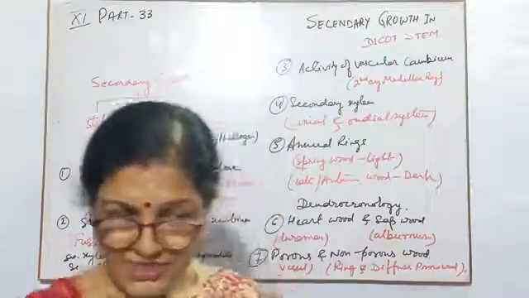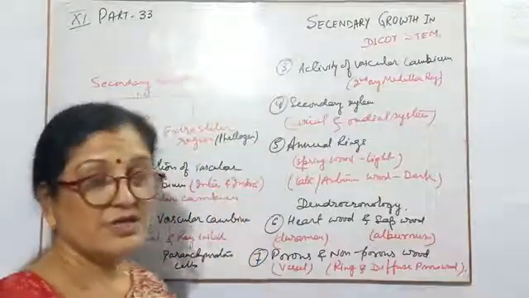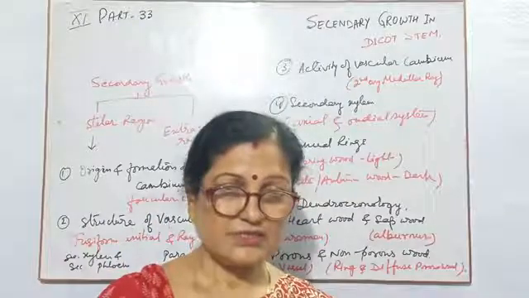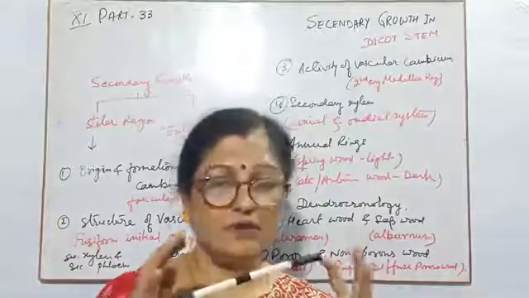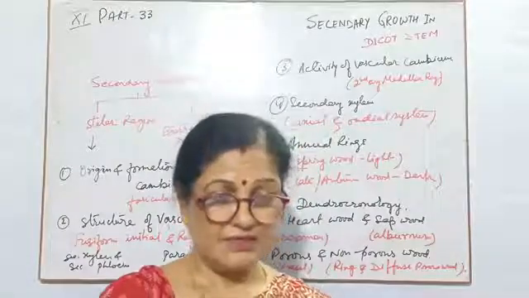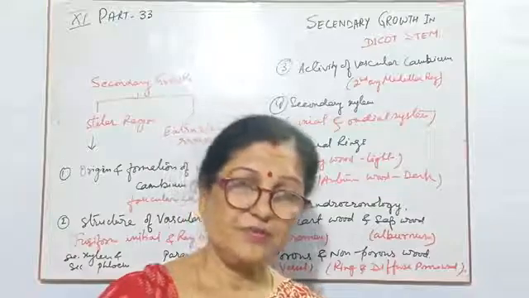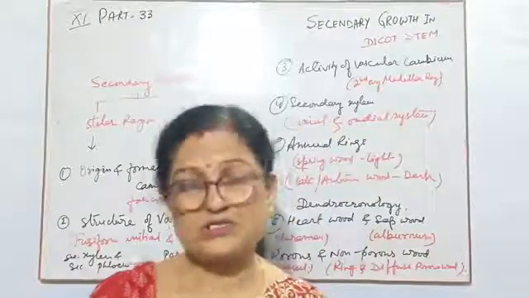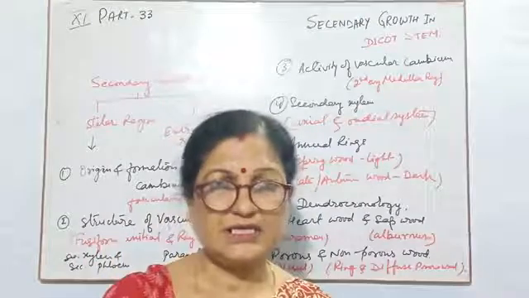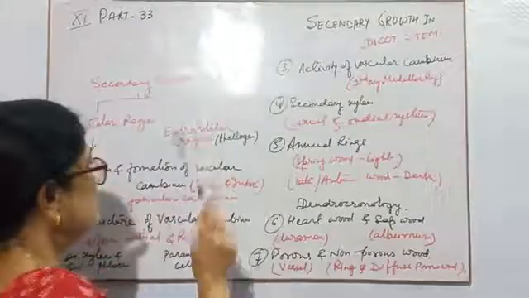The extrastellar region, also called phellogen, consists of the cortex, or you can say the cortical cells, and after that the epidermis. Children, when the plant gets mature, the epidermis is called the periderm, and the other areas apart from the stele are known as the extrastellar region.